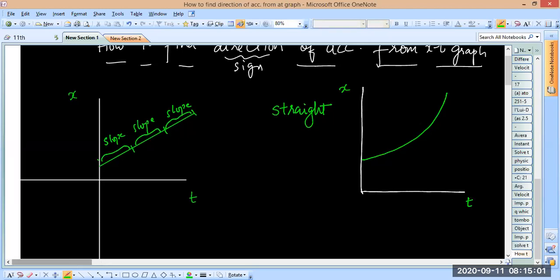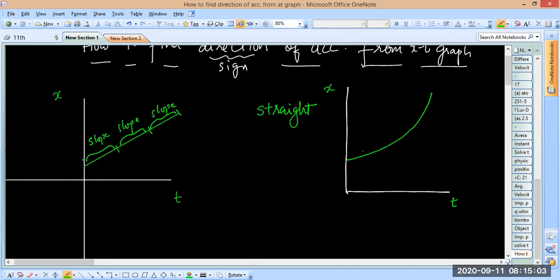Now here you can see that if you only look at this portion, it's less slope. If you draw a tangent here, the tangent would look like this. But if you look at another portion of the graph, maybe over here, and draw a tangent over there, which tangent has more slope, first or second?